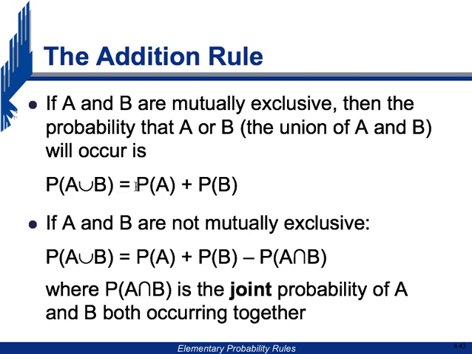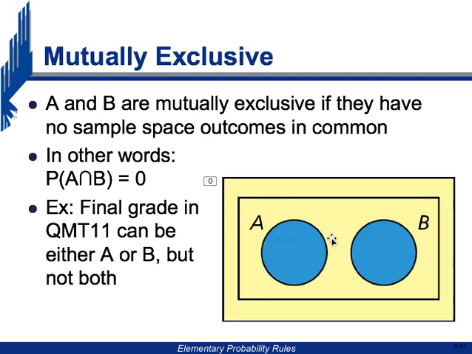That's just the probability of A plus the probability of B. However, if A and B are not mutually exclusive, meaning it's possible for A and B to intersect, then the probability of the union of A and B is equal to the sum of their individual probabilities minus the probability of their intersection. Again, if the two events are mutually exclusive, then the union is simply the sum of these two shaded areas.